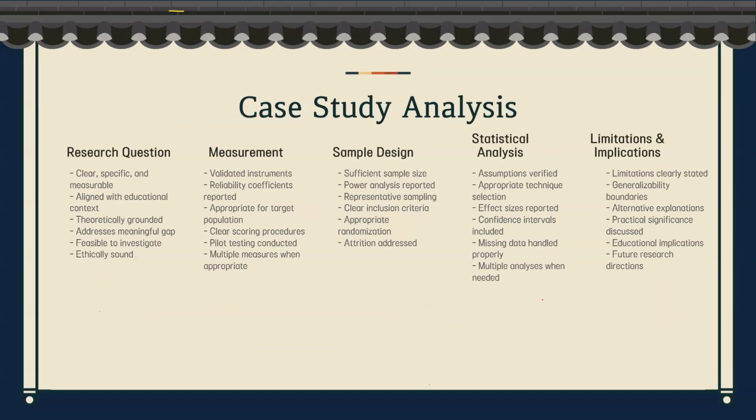When you read a research paper, use this framework for case study analysis. Check if the research question is clear. Check if the measurement uses validated instruments. And check the sample design.